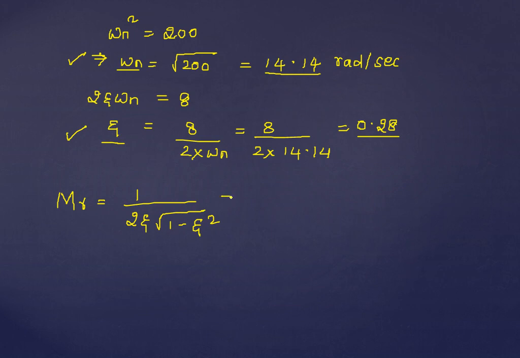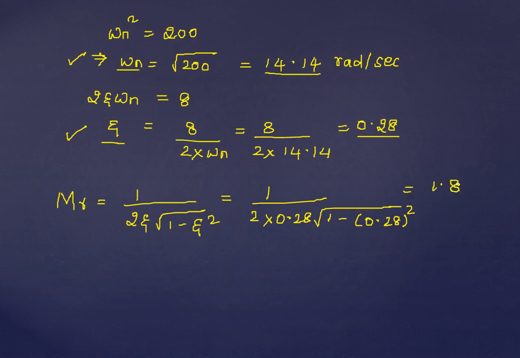Substitute the zeta value in the given formula: 1 by 2 into 0.28 square root of 1 minus 0.28 whole square. So here you are getting 1.86.